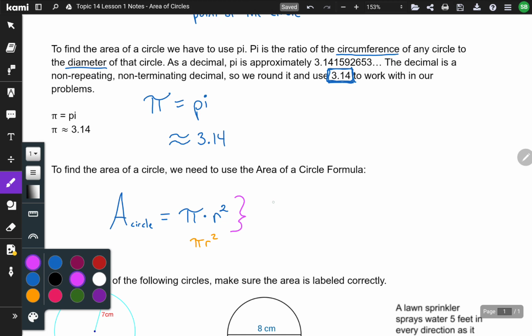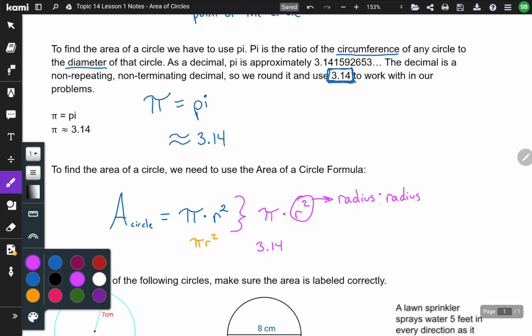So pi is going to be our 3.14. We're multiplying it by the radius squared. Well, what does radius squared actually mean? Radius times radius. Whatever the radius is, we're going to take it times itself.